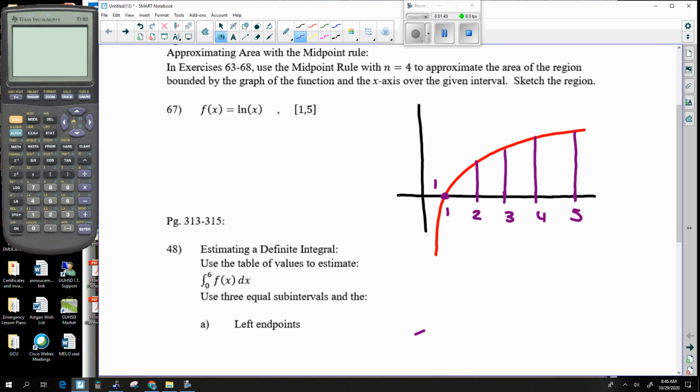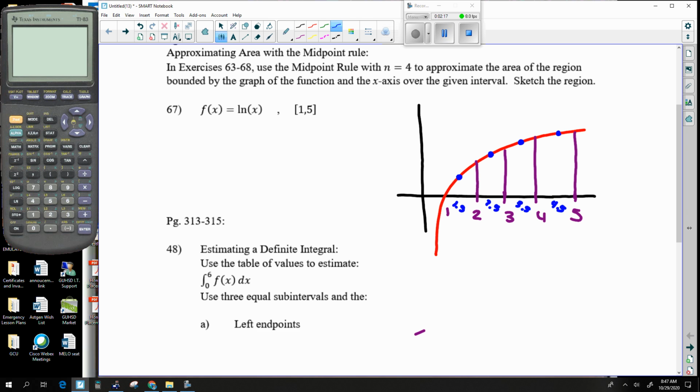Because we are using the midpoint, the heights of these rectangles are going to be the midpoint of each one of these. So that would have an x value of 1.5, 2.5, 3.5, and 4.5.